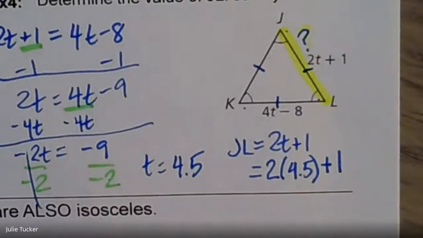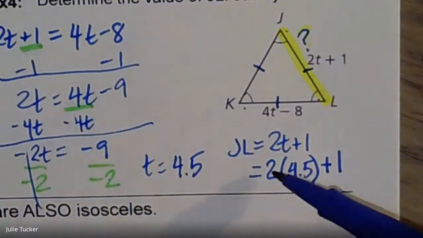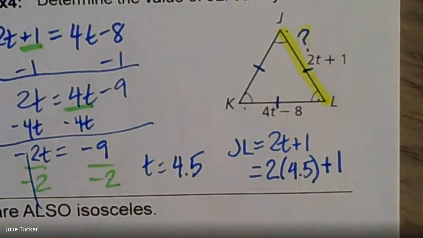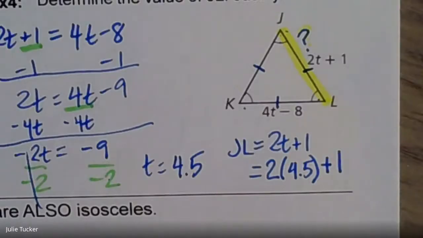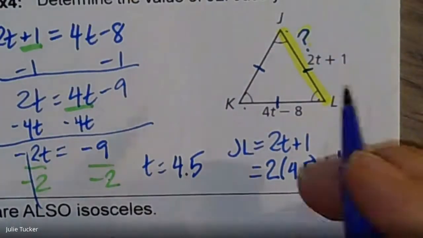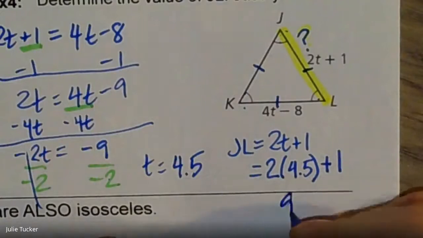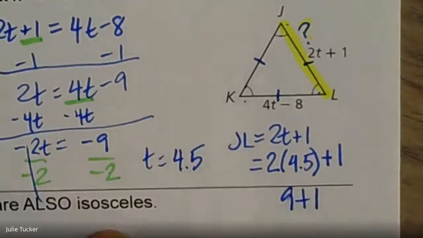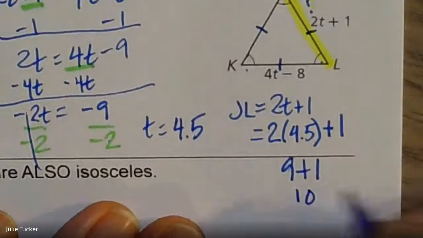So what is 2 times 4.5? 2 times 4 is 8. 2 times a half is 1. It's 9. 2 times 4.5 is 9. And 9 plus 1 is 10.